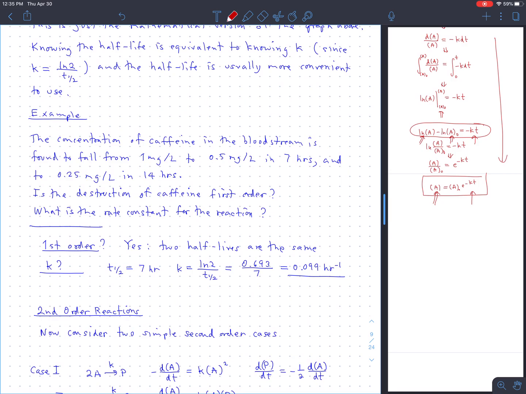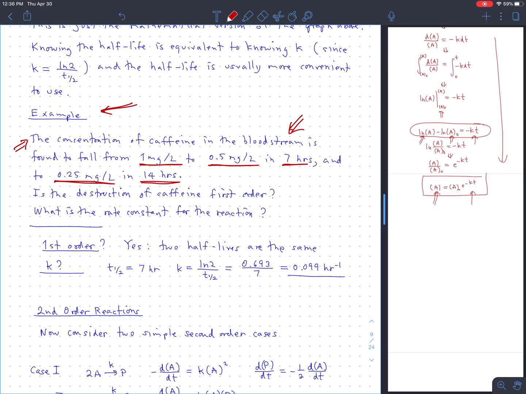Let's suppose caffeine in the bloodstream is the thing that we're worried about. So the problem says the concentration of caffeine in the bloodstream, that is, how long does your coffee last before you go into depression from caffeine, is found to fall from 1 milligram per liter to 0.5 milligrams per liter in 7 hours, and then to 0.25 milligrams per liter in 14 hours.